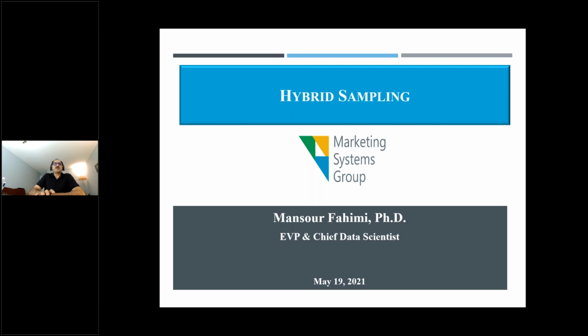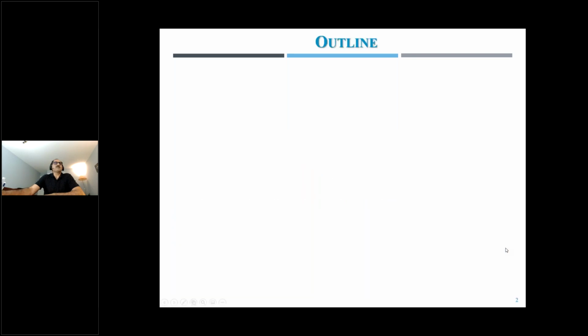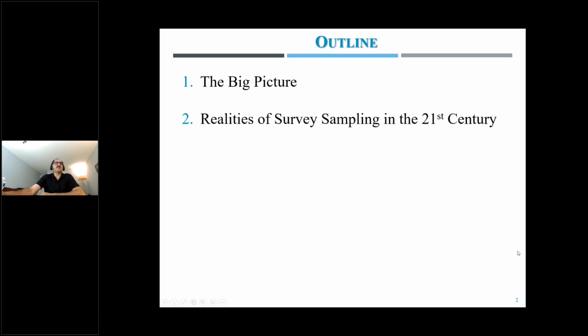This presentation is going to include what I would call the big picture, and I will explain shortly what I mean by that. Then we get to some of the new realities in today's survey research world that encourage us to think outside of the traditional survey research toolbox and think about alternatives, hybrid sampling being one of those.